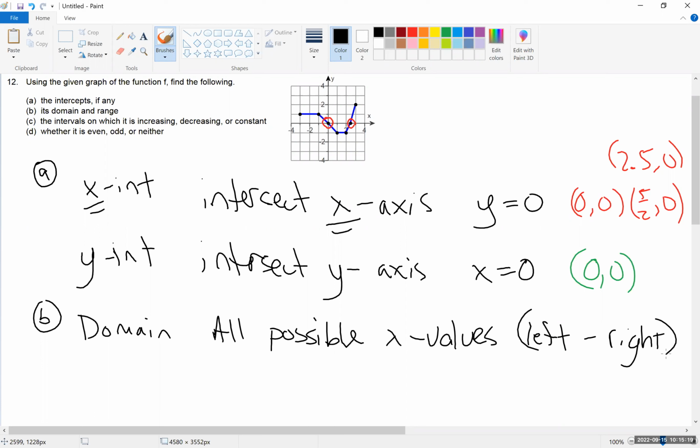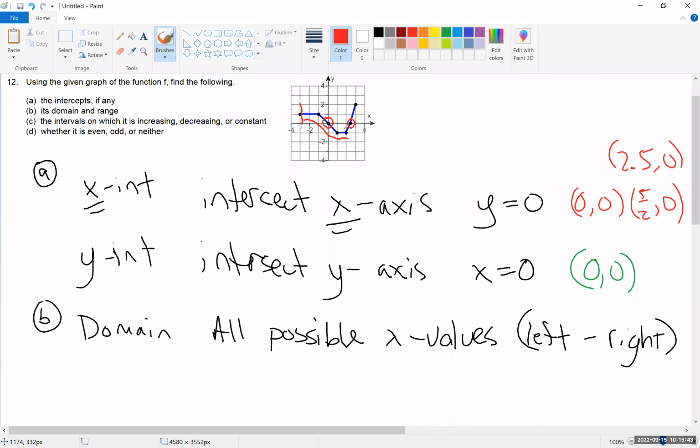You don't worry about up or down at all. We'll stick with red for the domain because we were sticking with red for the x-axis. Follow this graph to the left. How far to the left does this graph go? The furthest left it gets is -3.